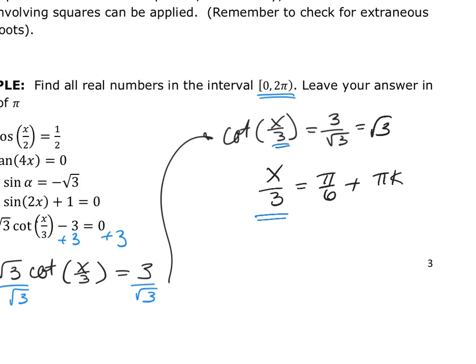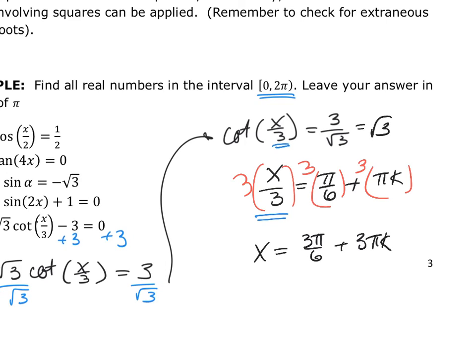How do I solve for x now? Multiply everything by 3. So I'm going to multiply this by 3, this by 3, and this by 3. My answer then is x is equal to 3 pi over 6 plus 3 pi k. 3 pi over 6 reduces, though.